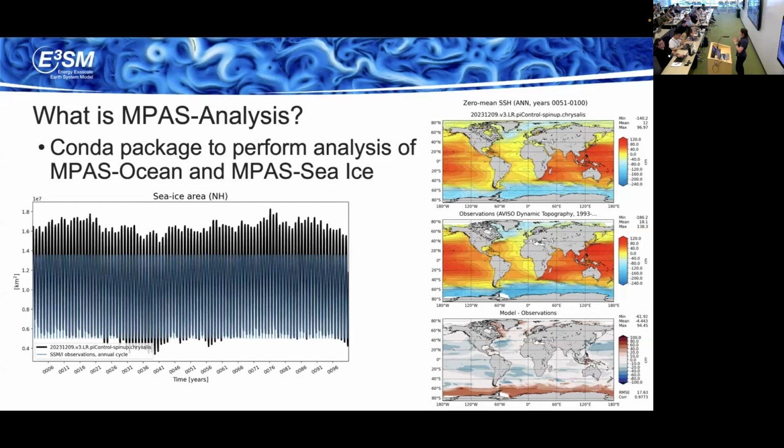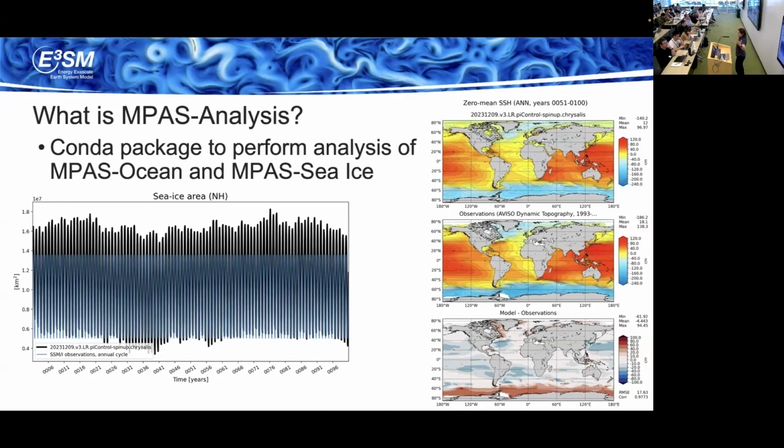The other major plot that you might see is an example here of a time series. So this is sea ice area, for the sea ice component. What you see in the x-axis is time, in the y-axis is your sea ice area integrated in the northern hemisphere, so your Arctic sea ice area.